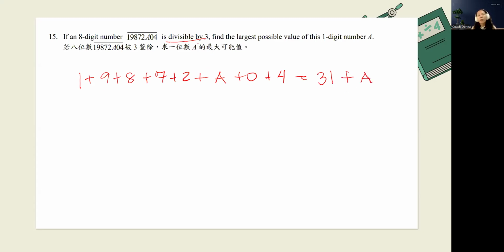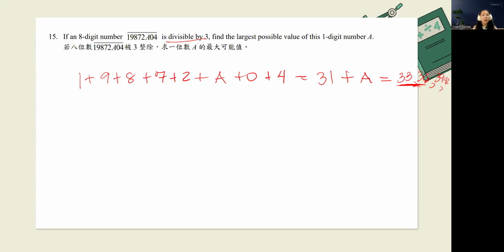Now for it to be divisible by 3, the result must be divisible by 3 also. So we can only have results like 33, 36, 39, 42, and so on.